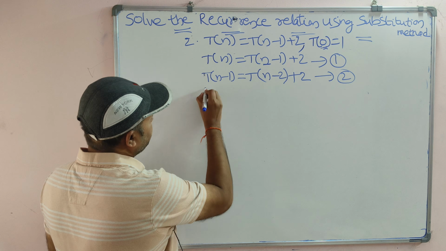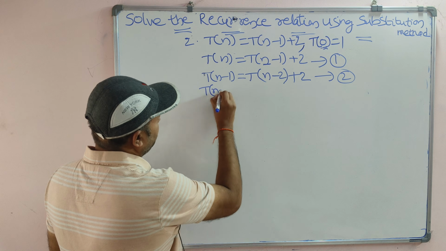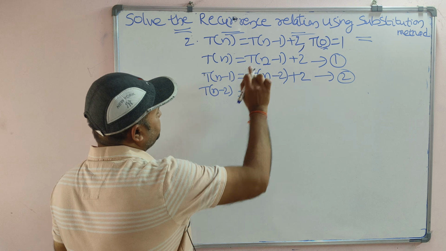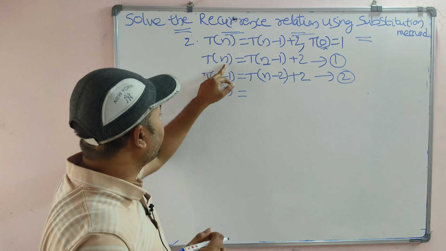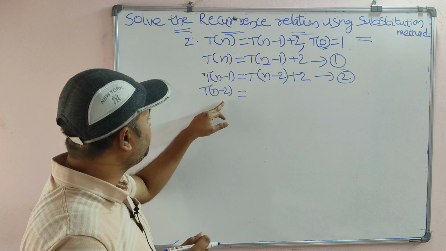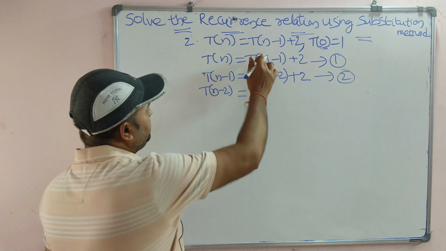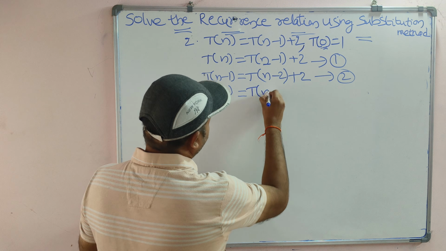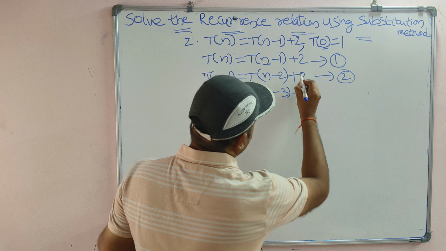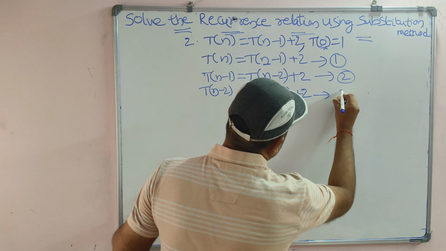Next here we have T of n minus 2. So obtain the formula for T of n minus 2. In place of n, substitute n minus 2. Here we have T of n minus 1 plus 2, so n minus 2 minus 1 means n minus 3 plus 2. There is no change in the 2, keep it as it is.